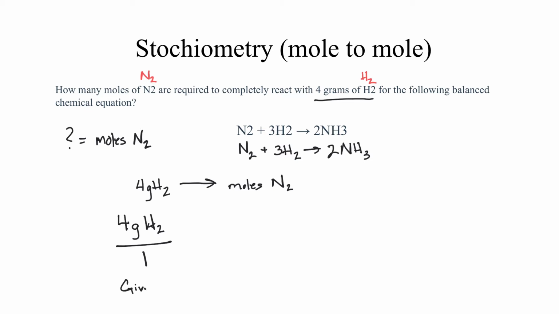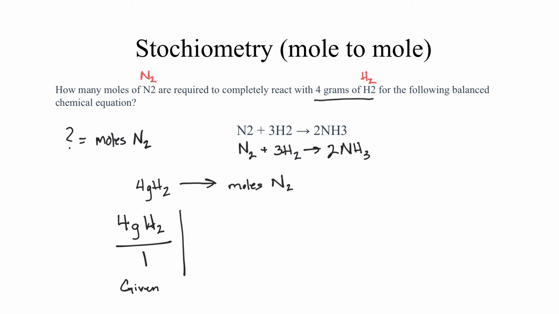That's what we start with. And then we just put a line there as dimensional analysis. It's just like multiply. So now we need to get to moles. So before we can get to moles of N2, we need to find out how many moles are in 4 grams of H2, right?